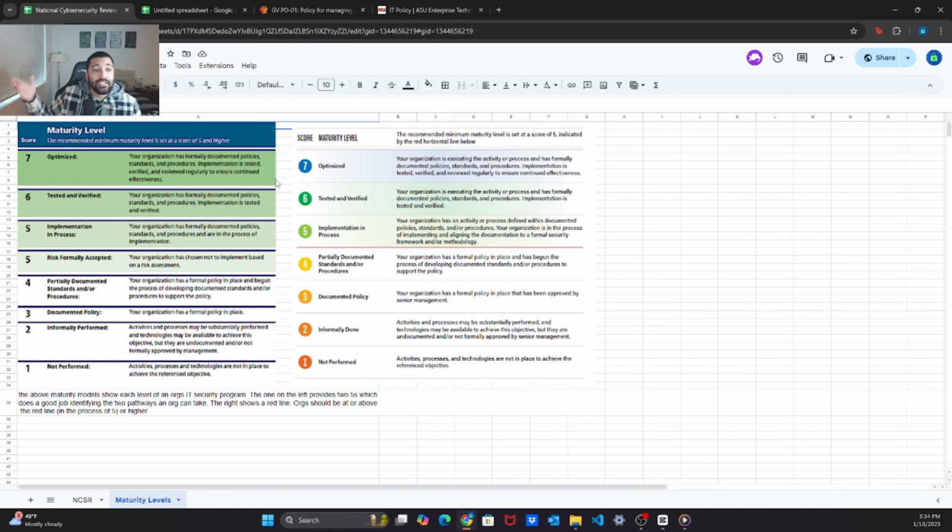But essentially, risk formally accepted means you have to have done a risk assessment and you have to have accepted those risks, whatever that may be. Or the implementation and process.